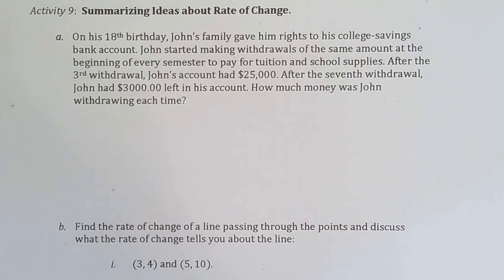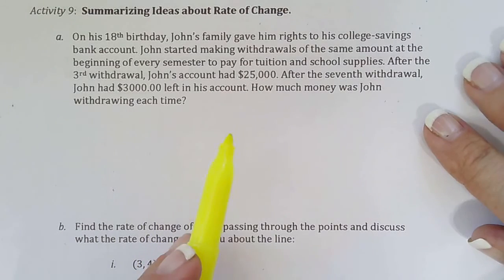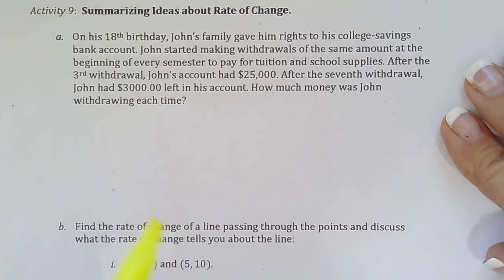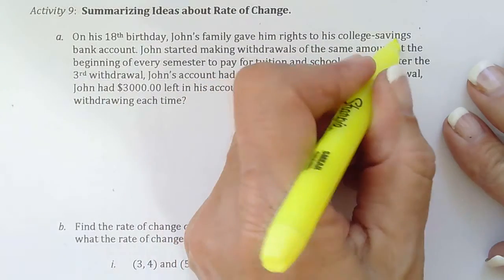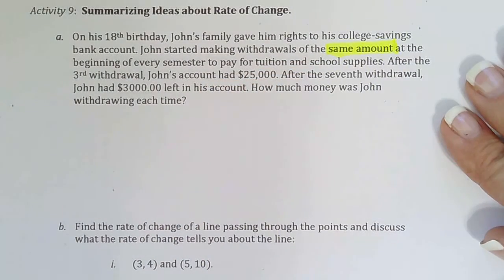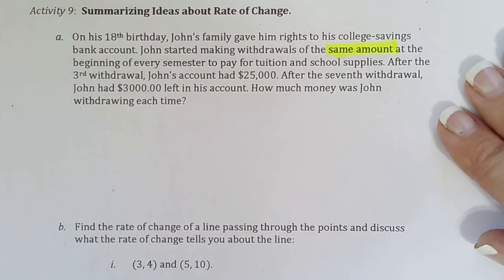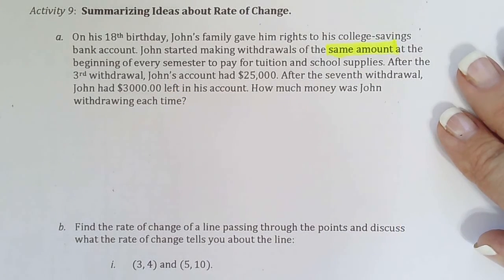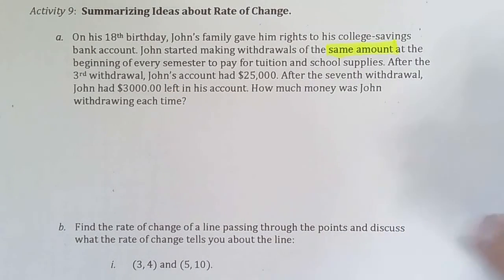On the 18th birthday, John's family gave him the rights to his college savings bank account. Let's highlight the important stuff. John started making withdrawals of the same amount. That's pretty important, knowing that it's the same amount. That makes it a line. Remember, constant rate of change is a line. So that tells me this is a linear function. If I were to graph it, it would look like a line because it's the same amount each time.